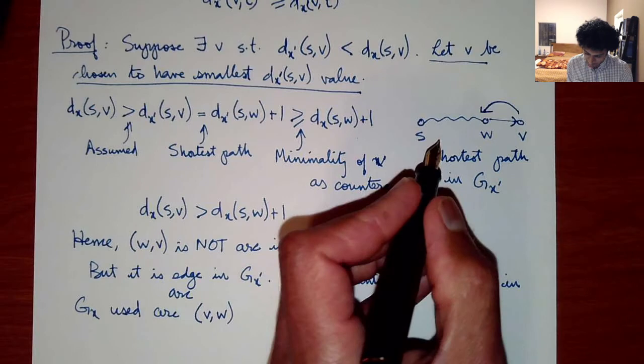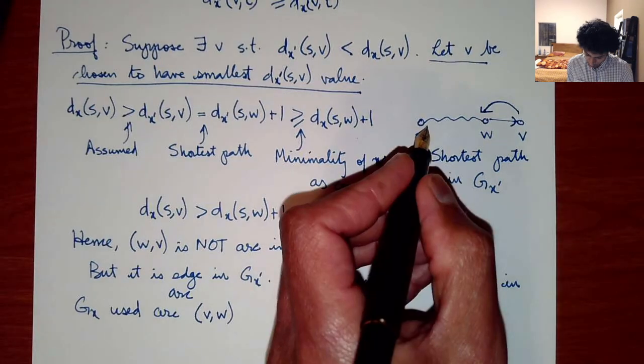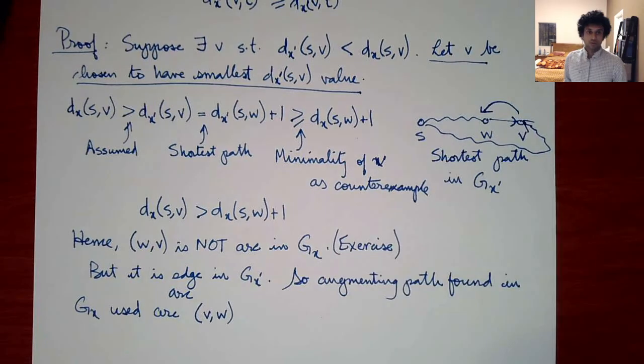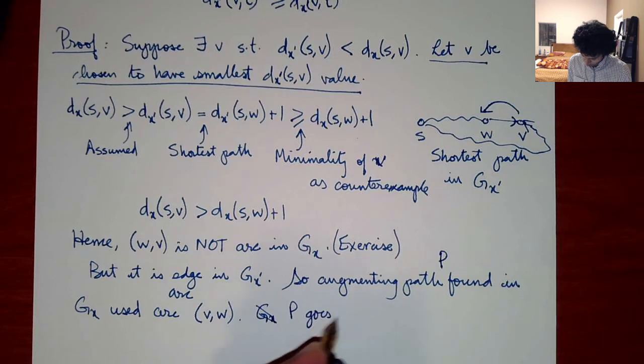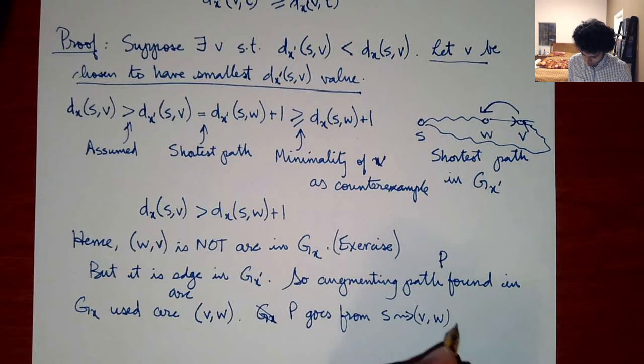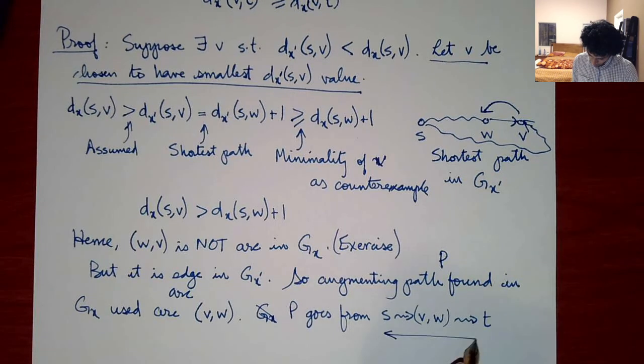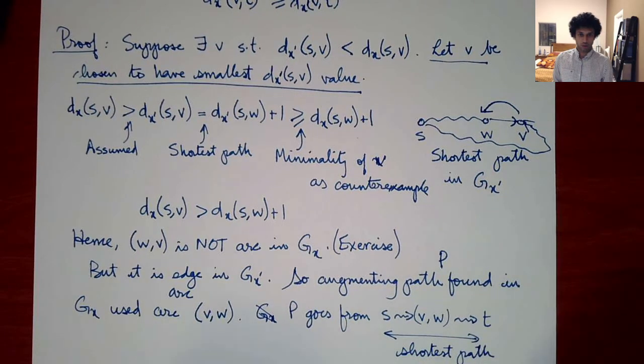So G of x, the augmenting path, let me call this path P, goes from S to V, and then uses the edge VW and then goes to D. That's what it did. And this was the shortest path.